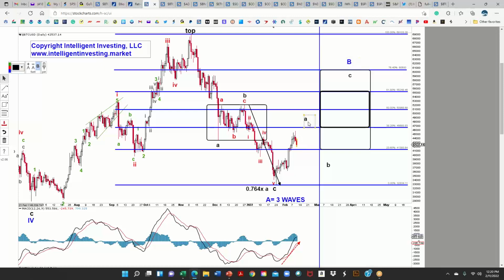Depends. So if this A wave is 5 waves up, then B wave becomes a zigzag. Remember, zigzags are 5, 3, 5 patterns. Flats are 3, 3, 5. B wave is, we already know that, 3 waves. Also 3 waves. And we have them A, B, and C.